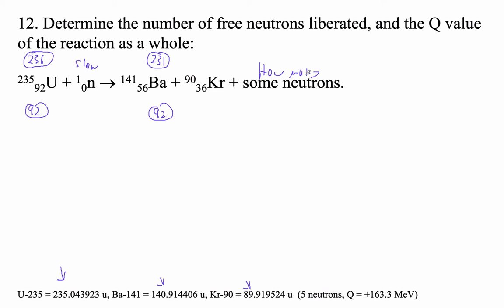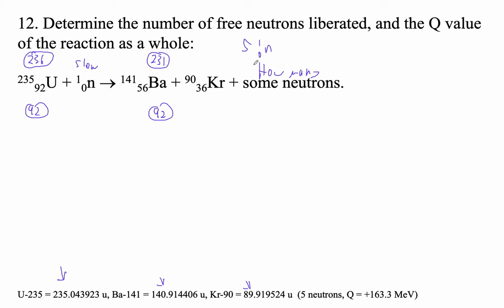And the answer is that there's going to be 5 neutrons on this right side. So this reaction itself is going to spew 5 neutrons. And the way I got that was I looked at the total number of nucleons. 235 plus 1 is 236. And here we've got 141 plus 90, that's 231. 231 plus, we're going to spew 5 neutrons in this case, right?